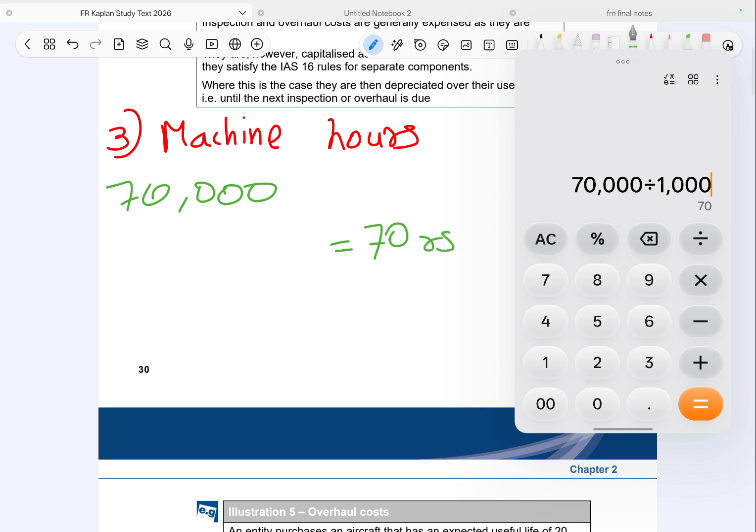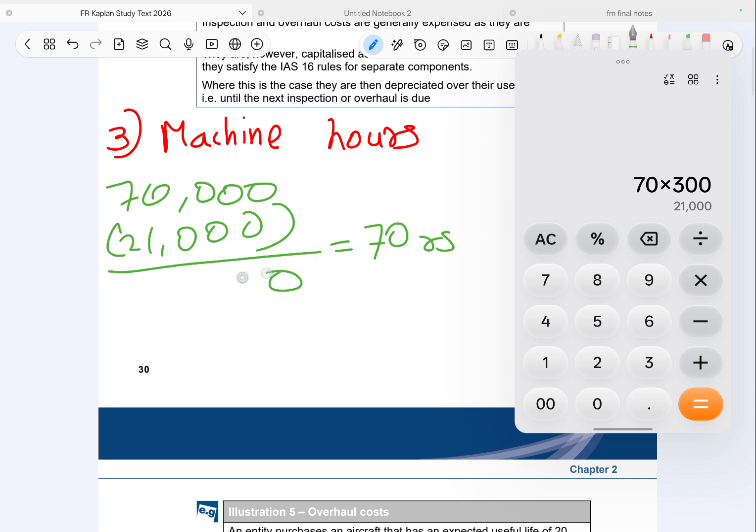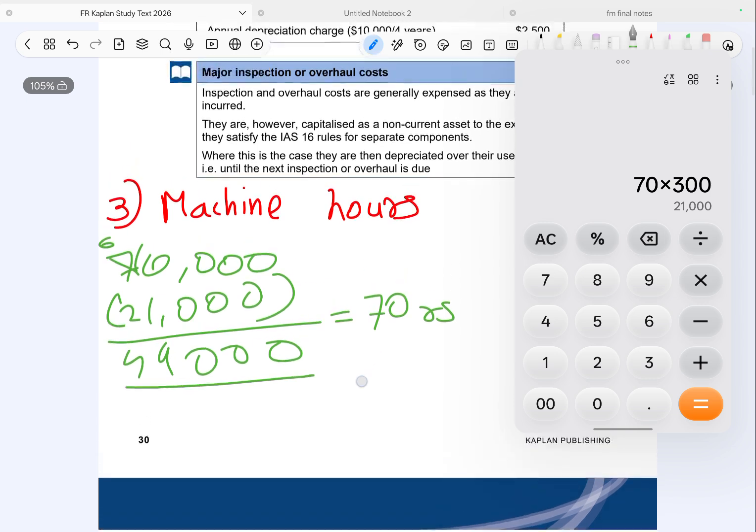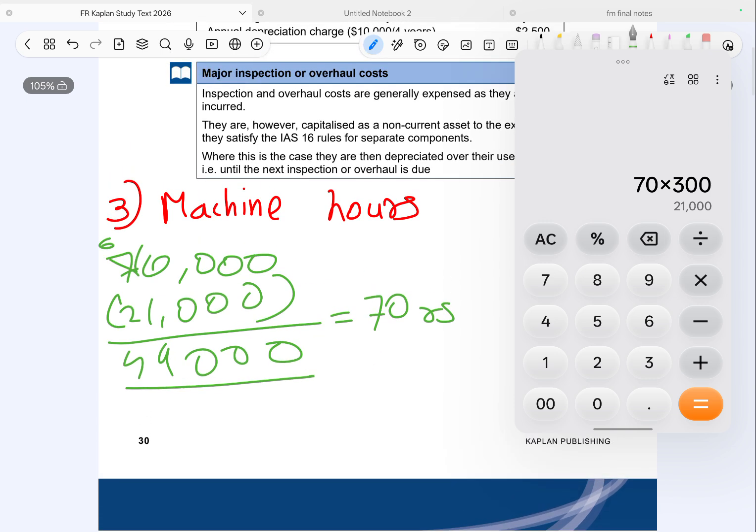So let's say in the first year I used it for 300 hours. 70 into 300 will give me 21,000. That's our depreciation, and that's the value after using it for 300 hours.